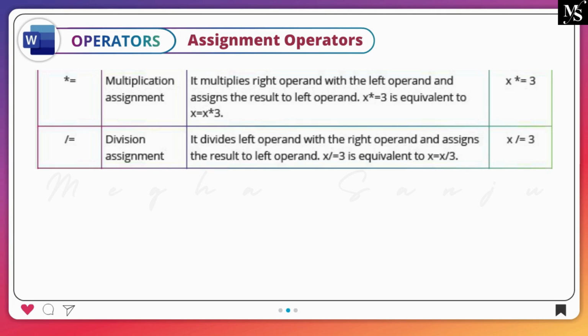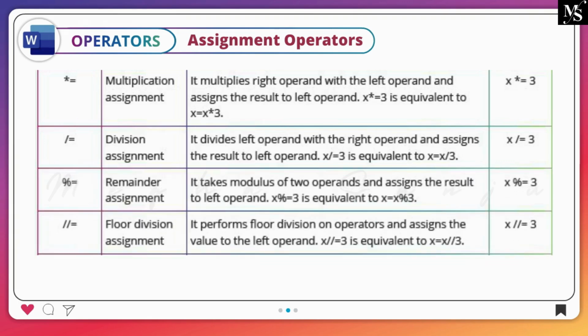Division assignment. It divides left operand with the right operand and assigns the result to left operand. x divided equal to 3 is equivalent to x equal to x divided by 3. Example: x divided equal to 3. Remainder assignment. It takes modulus of operands and assigns the result to left operand. x% equal to 3 is equivalent to x equal to x% 3.